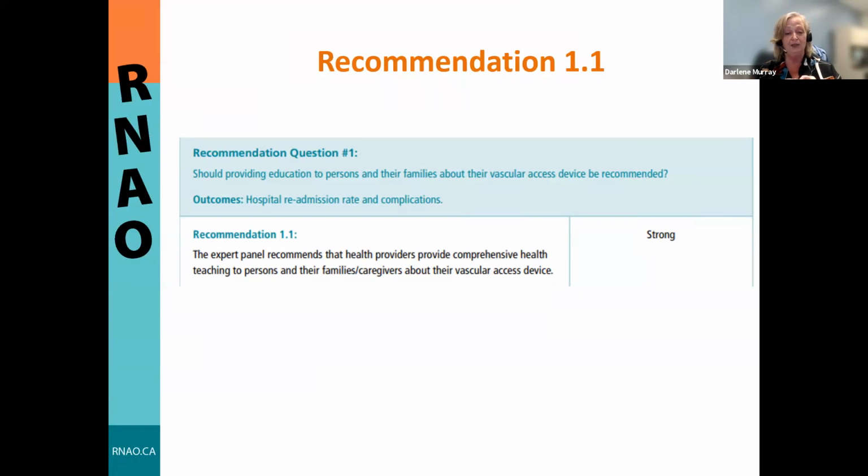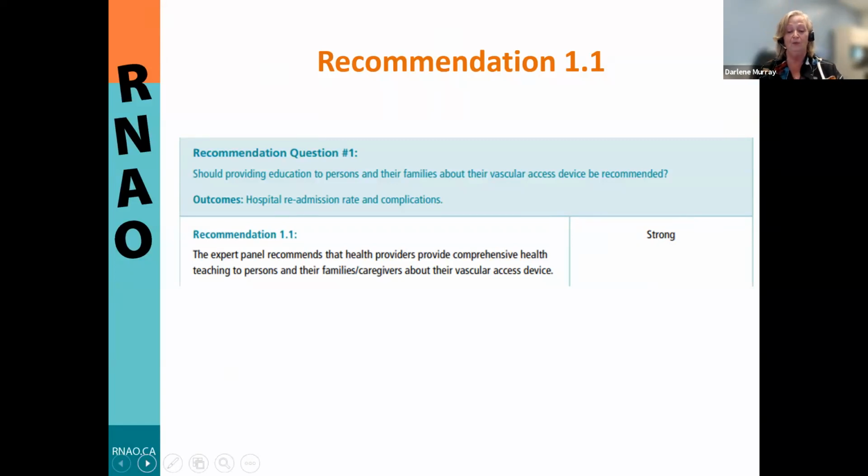Some key practice notes to include: the amount of and formalization of health teaching may be dependent on the type of vascular access device and the overall discharge plan. For example, for a peripheral IV that's going to be inserted during a hospitalization and removed before discharge, the teaching may not have to be as detailed, but a person going home with a central venous access device may require something a little bit more comprehensive.